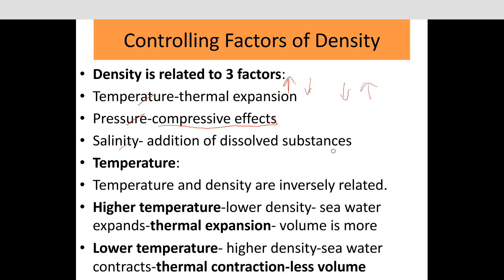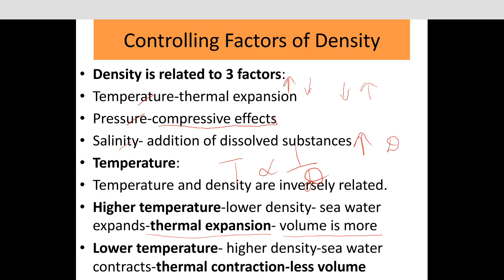Salinity, the addition of dissolved salt substances, also increases the density. Temperature and density are inversely related. If the temperature is higher, then the density is lower, because the seawater expands, which causes thermal expansion of water.